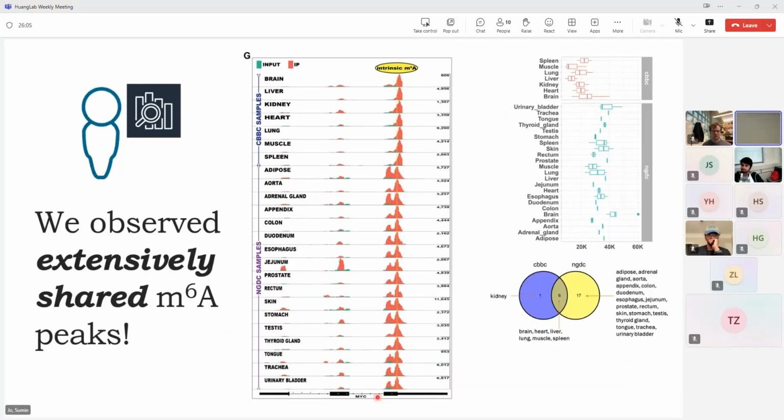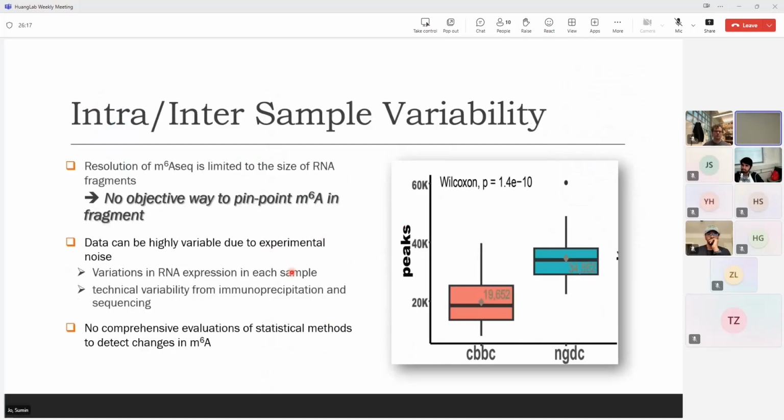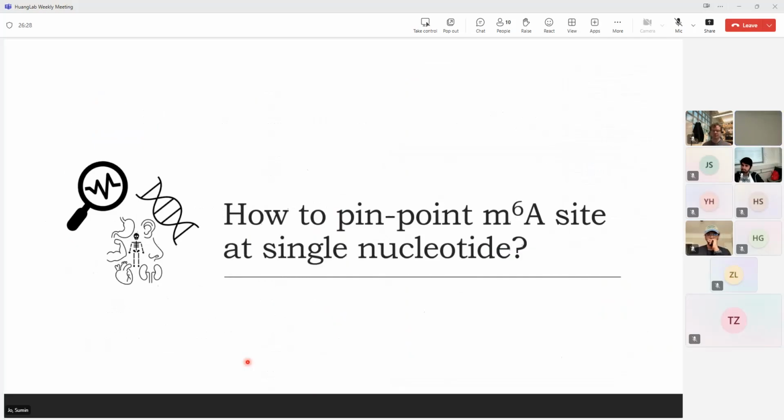Let's say this region is predicted as a peak; it could be very small, or could be 100 base pairs, or sometimes 1,000 base pairs long. Across them, it's a little bit difficult to pinpoint the single M6A site.